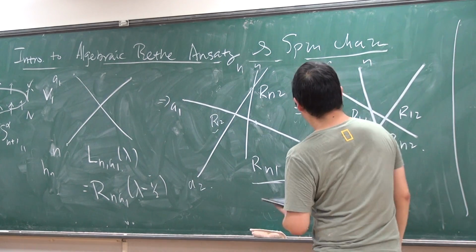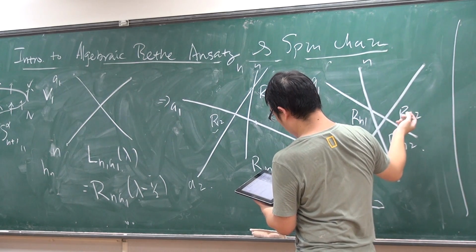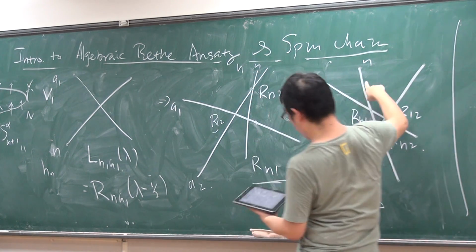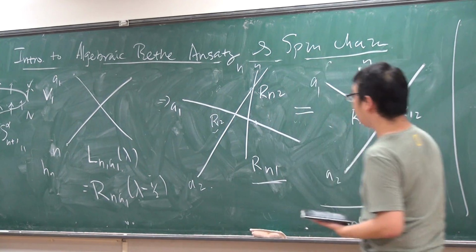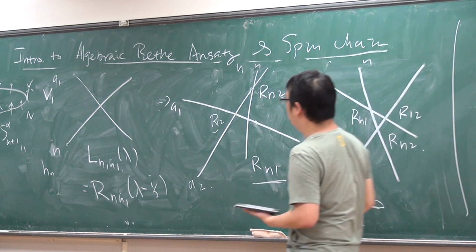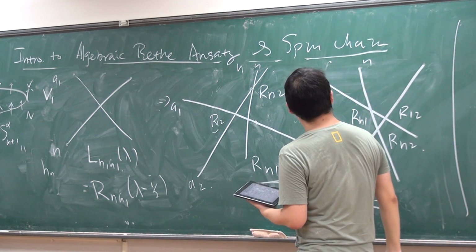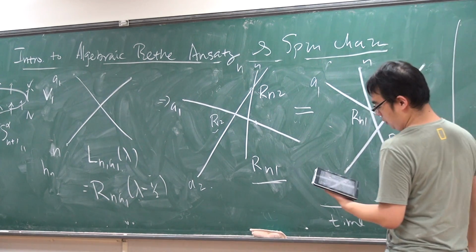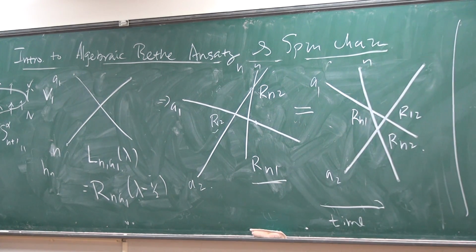But this has to be equal to the result if you interchange the order of the interaction by moving this line, instead of going this way, so that instead of here, you move it to the left.